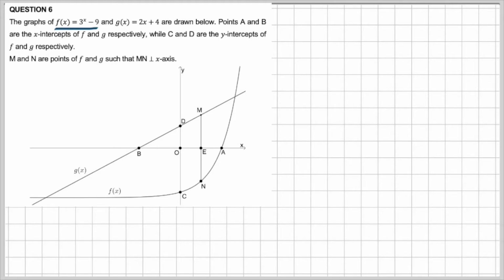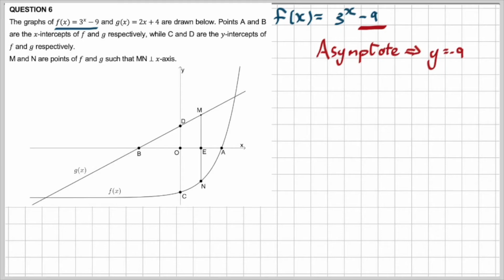Next up, what can I say about f of x, about the exponential? First of all, that -9 is the value of the asymptote, y equals -9. Now, what does the 3 to the power of x give me? It's a positive in front of the 3, so it is the graph that lies above the asymptote.